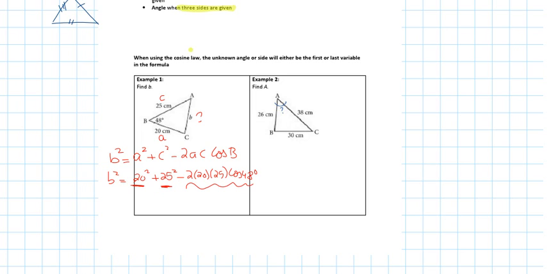So what would be 20 squared? What would be 25 squared? 625? And then what's 2 times 20 times 25 times cosine 48? I want you to put all of this together in a calculator.